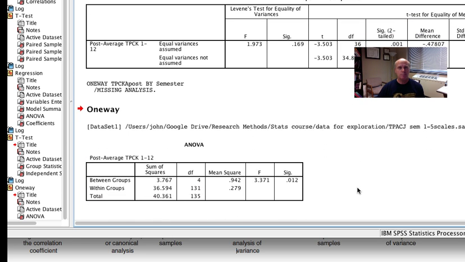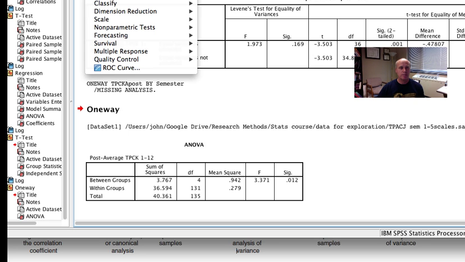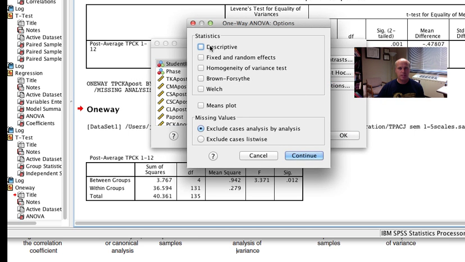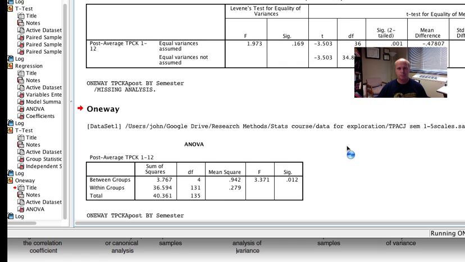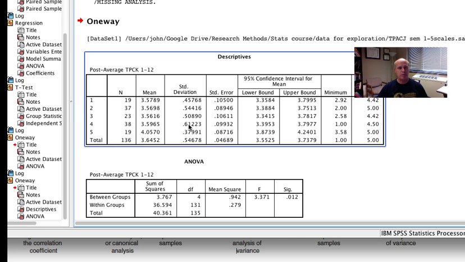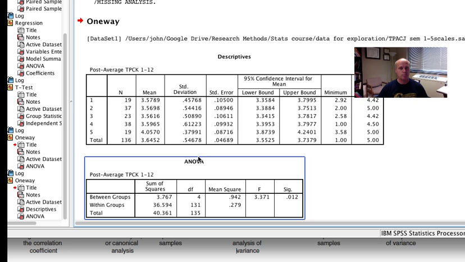Right. Let me run that analysis one more time, because I think I want to include my descriptive statistics, because I always like to see those to help me understand if I'm looking at the data correctly. All right, so when I include the descriptives, it'll give me the mean and the standard deviation for each group.